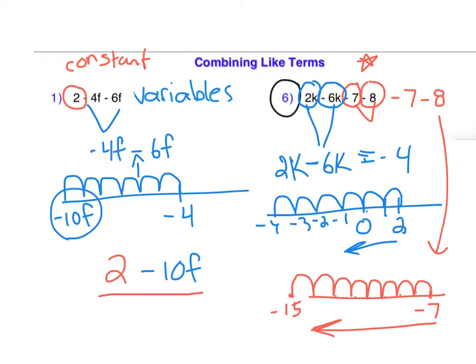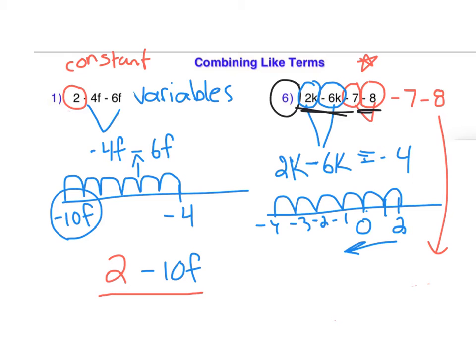You might be wondering how to write this. Well, I see in the problem that the variables were first and then it was the constants. So for the answer, let me write my answer. Let me erase this. Feel like I need a bigger whiteboard.